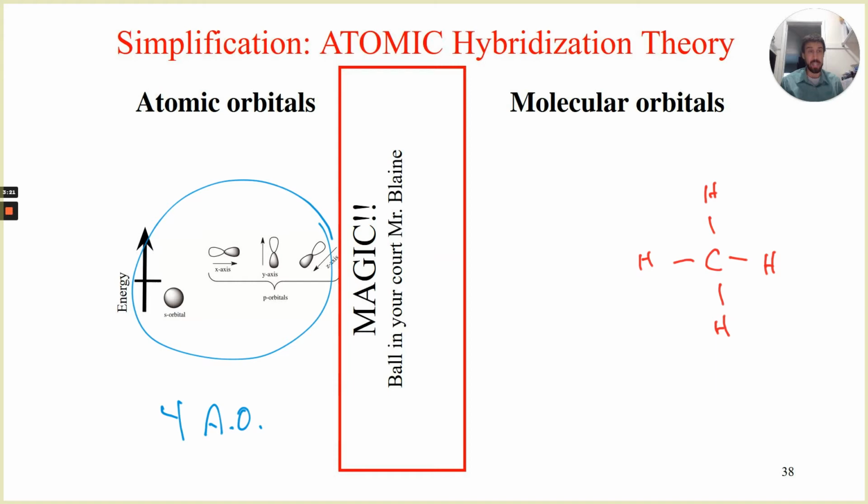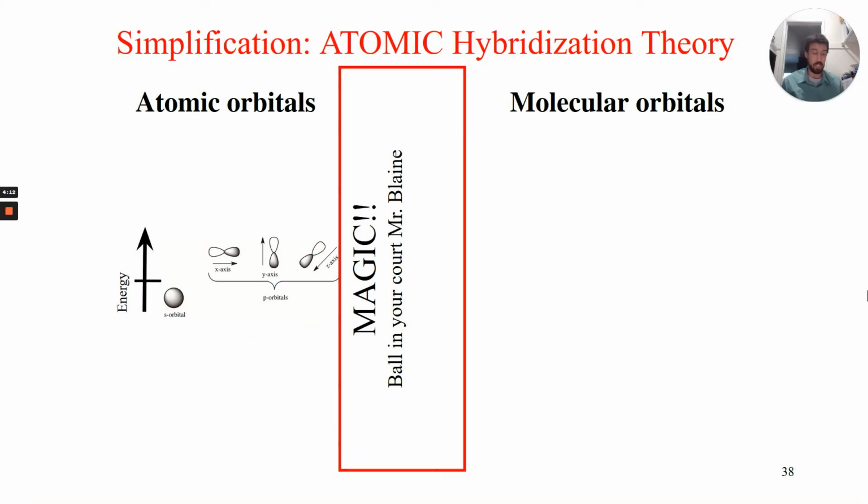If I need 4 molecular orbitals that are all identical, but I don't have 4 identical atomic orbitals, what I can do is take all of these and mash them together like Play-Doh. Make them one big giant pile, average them all together, and now pull out of it 4 new orbitals.